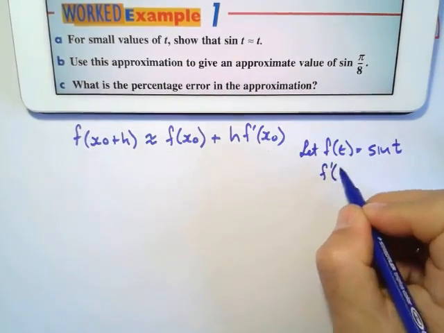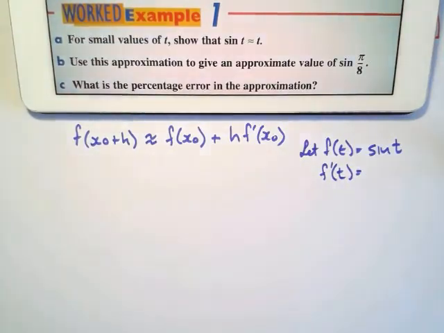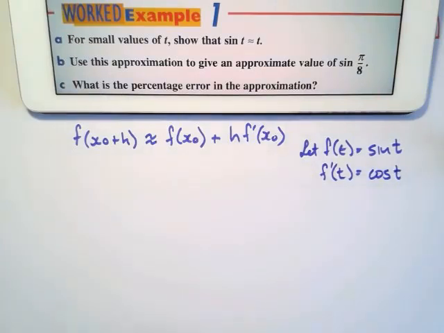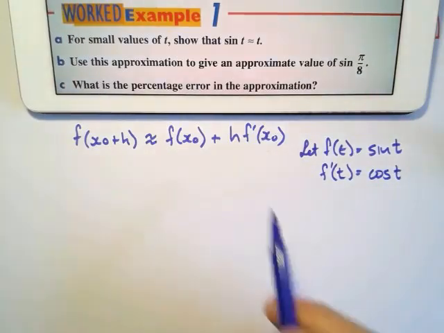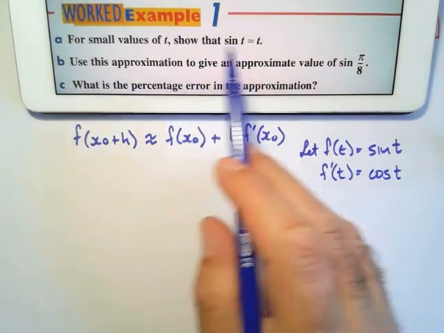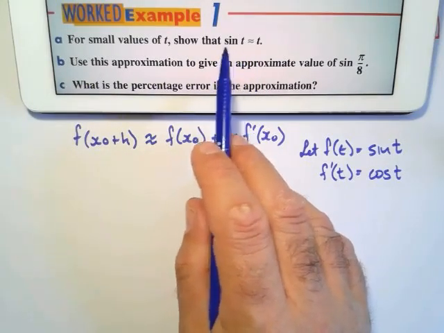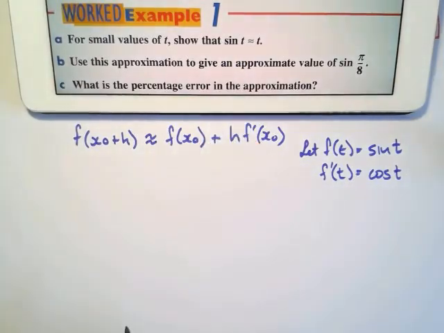Therefore, the derivative of f at t equals the derivative of sine, which is the cos of t. So I had to define f(t) and then find the derivative.